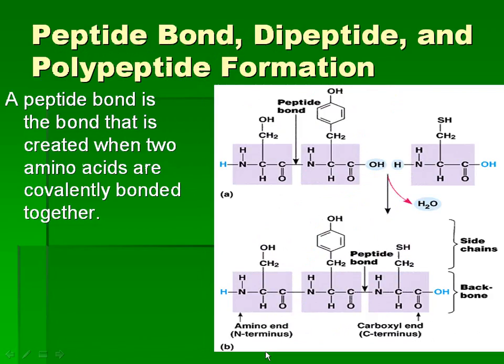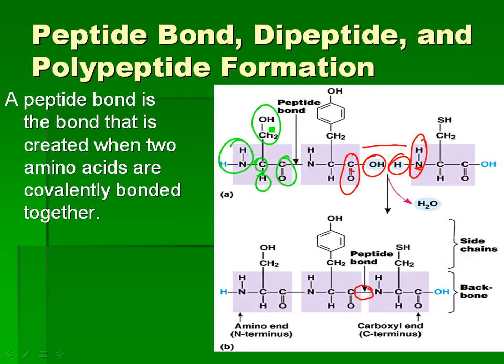Remember these side chains, these are the R groups. Okay, because remember, you have a central carbon, and off of that central carbon, you have a hydrogen, you have an amino group, you have a carboxyl group, and then you have what's called an R group. In the R group, these are the side chains.